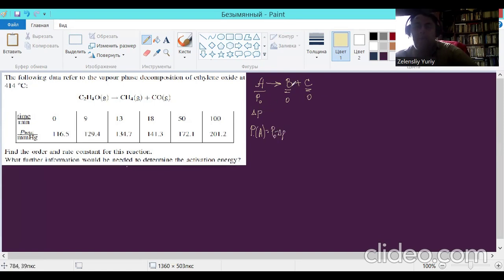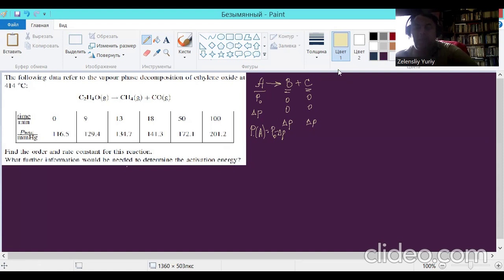Now, as for the products, their partial pressures are both equal to delta P. So either of these is equal to delta P.